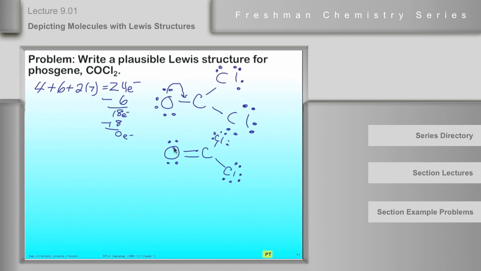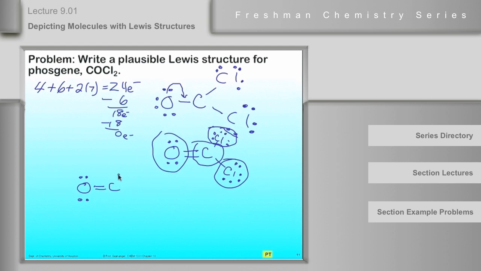And now let's count electrons. 2, 4, 6, 8. So there's an octet there. 2, 4, 6, 8. An octet there. An octet here, not including these up here. And an octet here. So now we have the Lewis dot structure for phosgene.